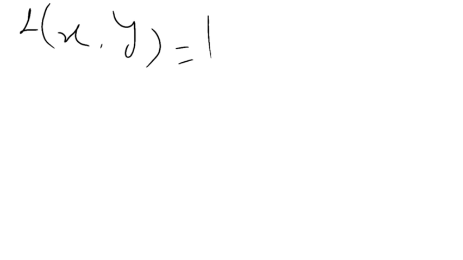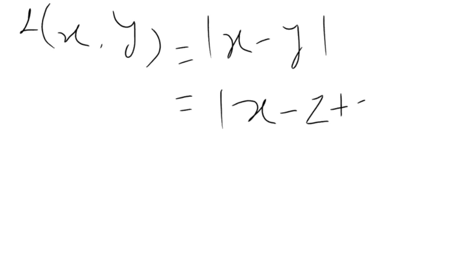For that we have to prove that d(x,y) is less than or equal to d(x,z) plus d(z,y). For that, first I have taken d(x,y) equal to modulus of x minus y. Here I am adding plus z and minus z, so we get x minus z plus z minus y, right? The minus z and plus z get cancelled and we get x minus y.